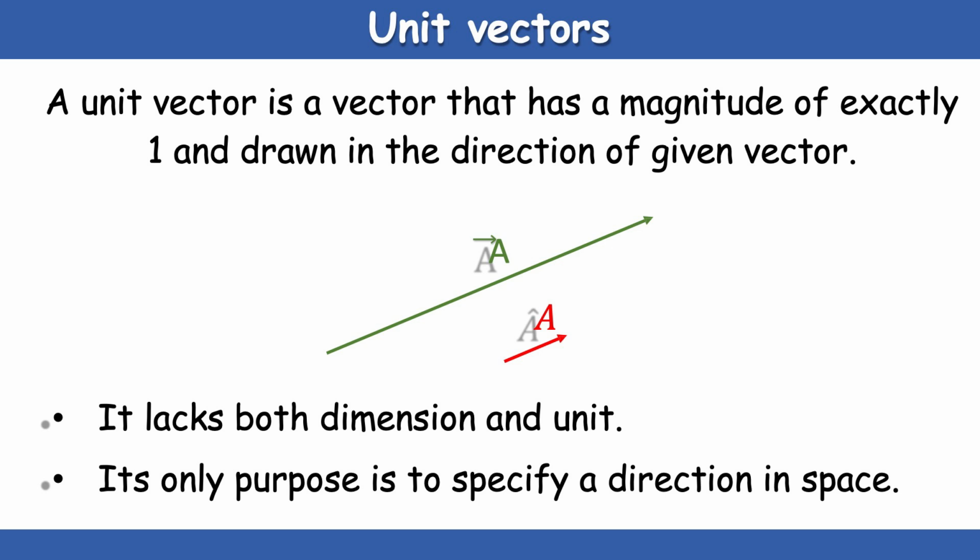The green one is the total vector a, which we took in black on the whiteboard, and the red arrow is its unit vector. It lacks both units and magnitude, and its only purpose is to specify the direction in space.